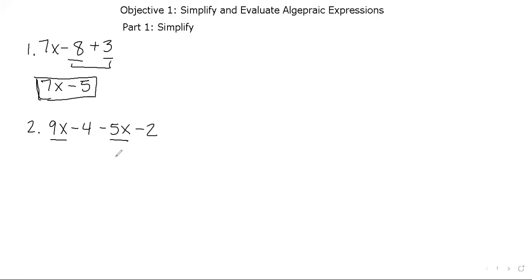That is 9x minus 5x, which is going to be 4x. Then we're going to look at the -4 and the -2. That is going to be -6. So the answer to number 2 is going to be 4x minus 6.